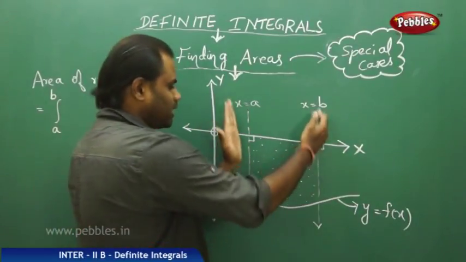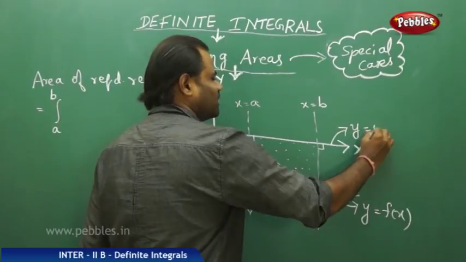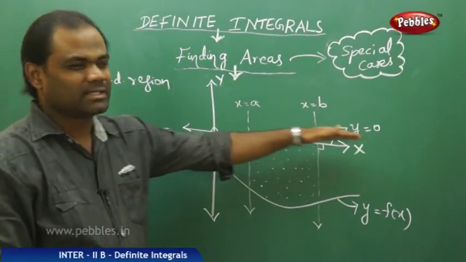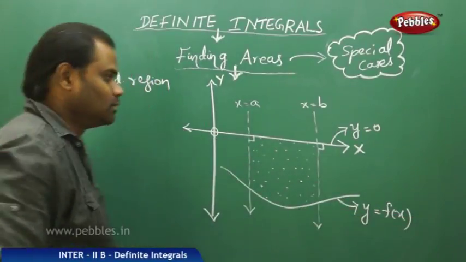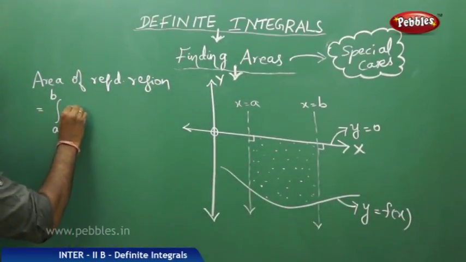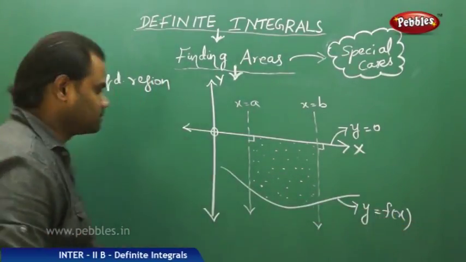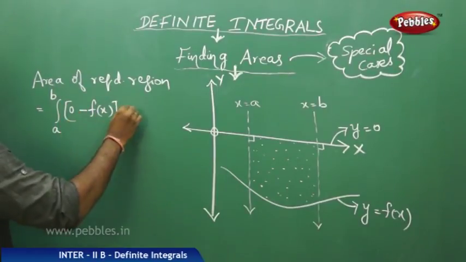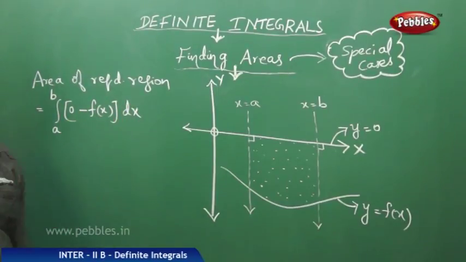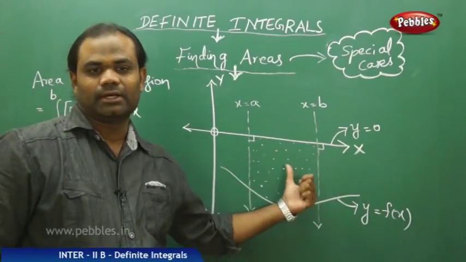Now as I see this area, the x-axis is the upper curve, which has the equation y equal to 0. So the upper curve is the x-axis and the lower curve is y equals f of x. So it is 0 minus f of x, dx, is how the general formula reduces in the case of the curve in the fourth quadrant as seen in the diagram.